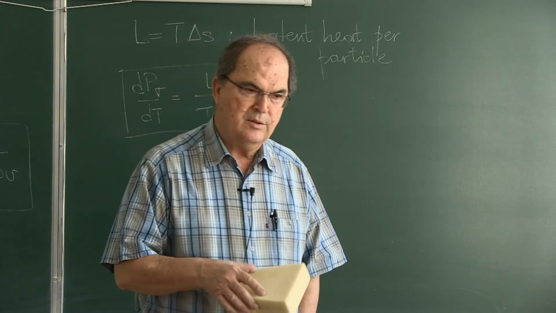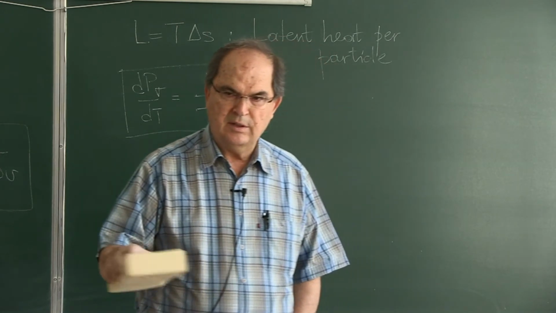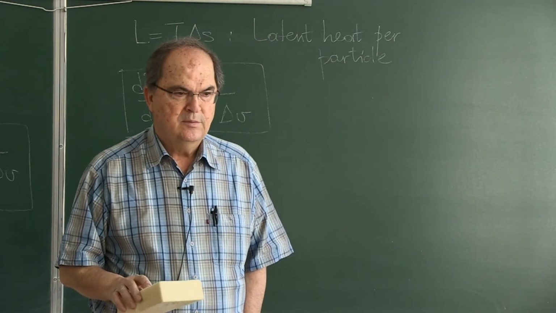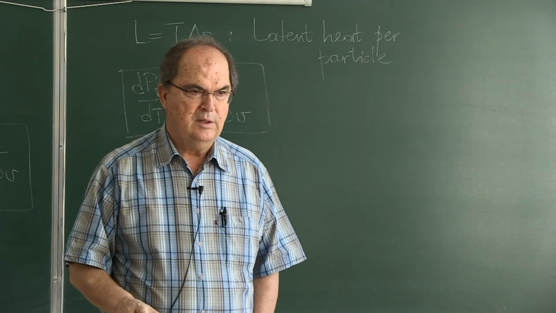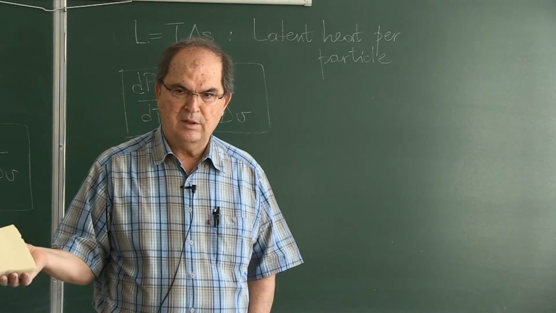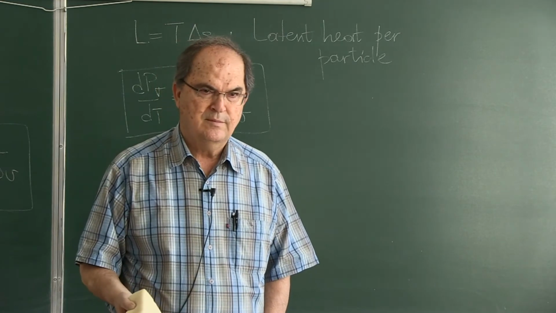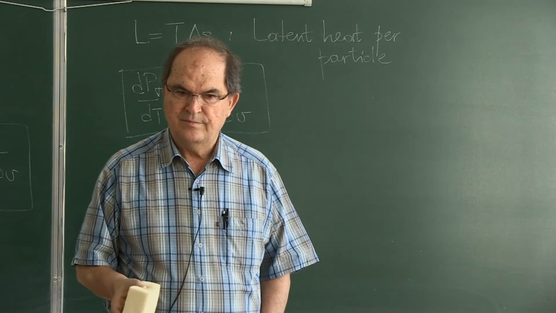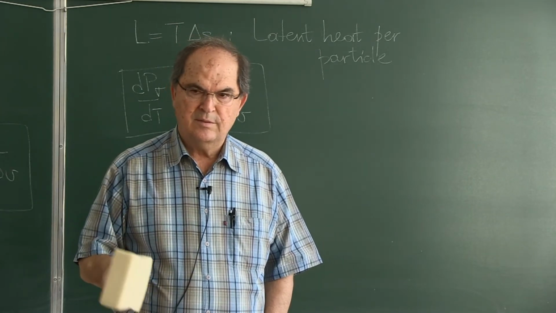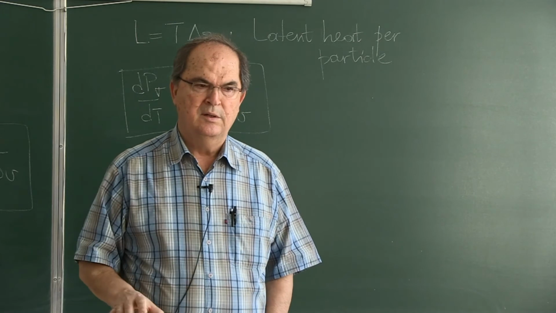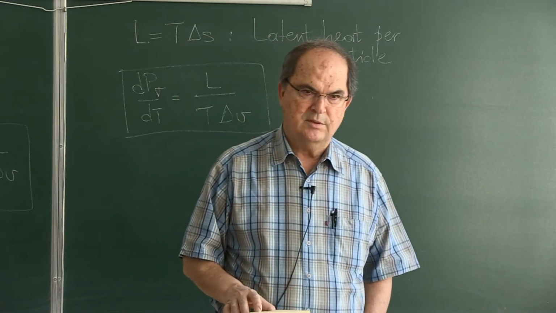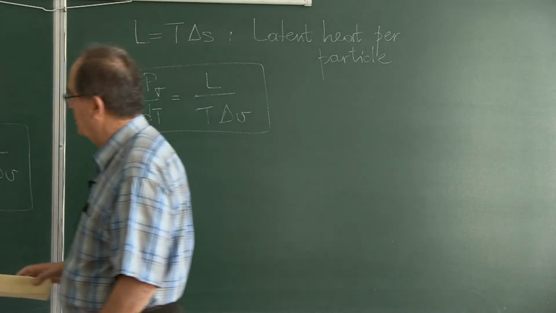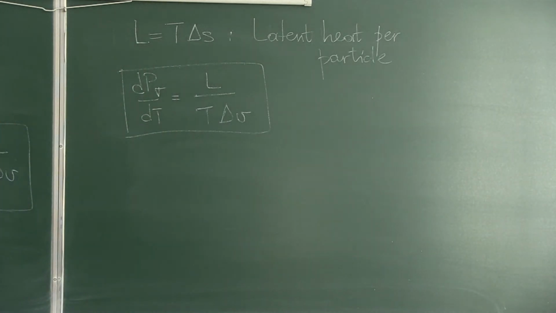Of course, in canonical, there was only exchange of energy between your system and the heat reservoir, so only energy can fluctuate. Number of particles was fixed. So here, both number of particles and energy fluctuate. Let's find those fluctuations. This is the last thing I will do in this subject.